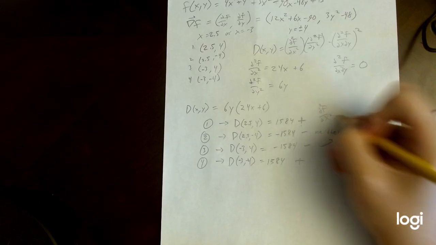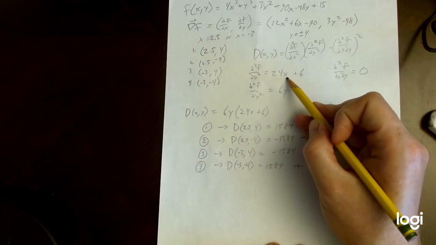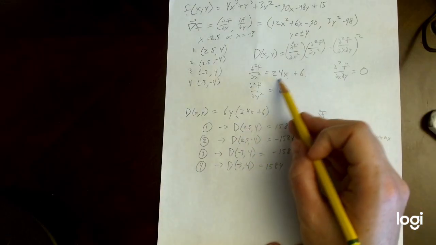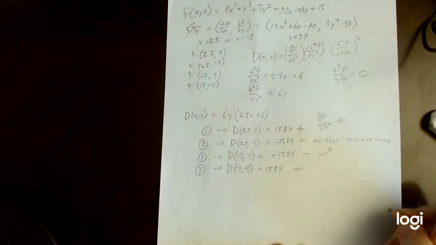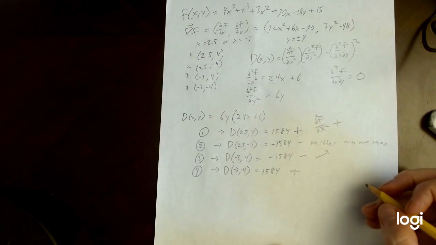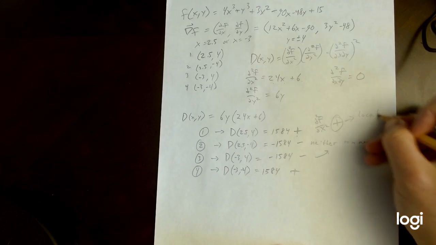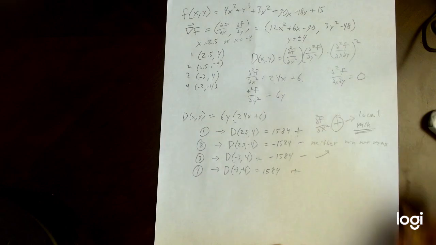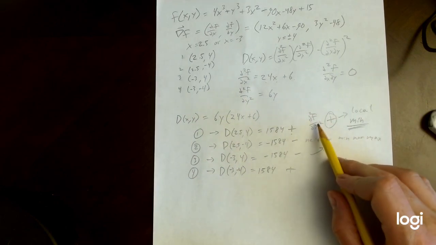So let's do the second derivative with respect to x. We know we have got 24x plus 6, and x is positive, so we have 24 times a positive number plus another positive number. This one will be positive, and so this will be a local minimum, because again, this is concave up in both directions.